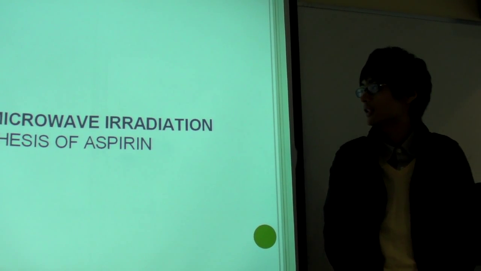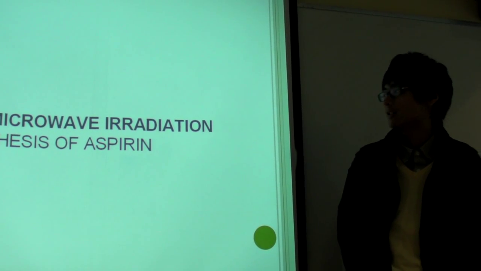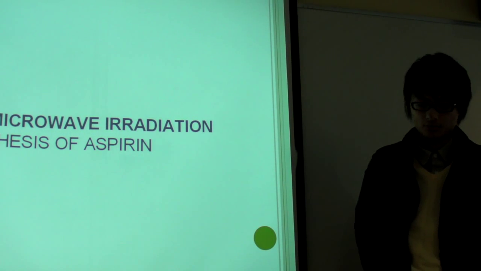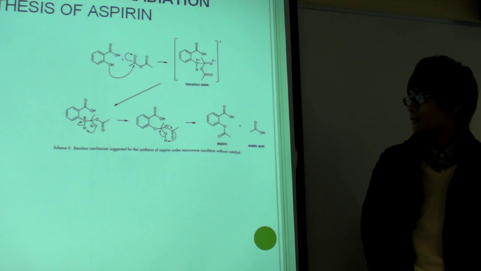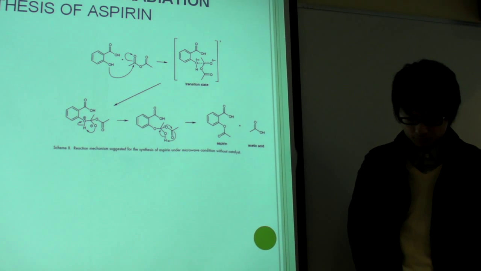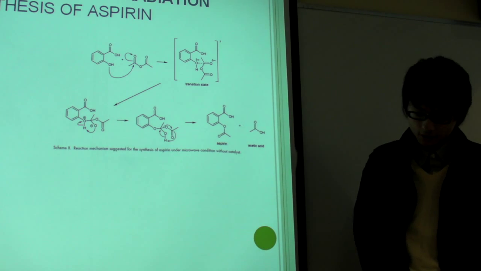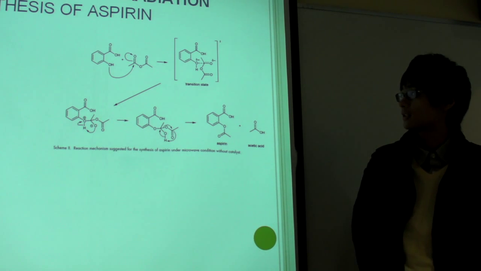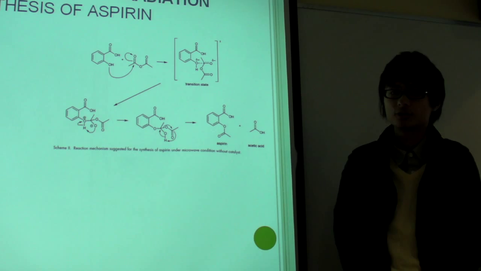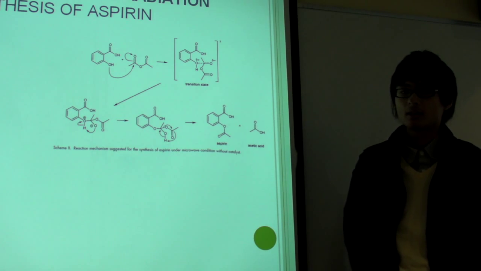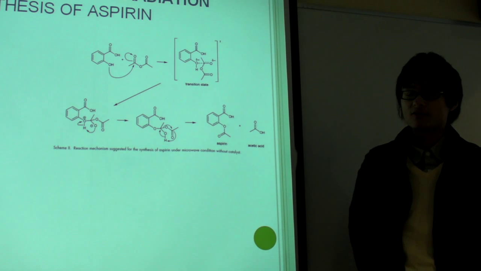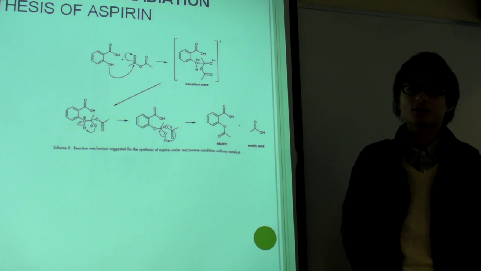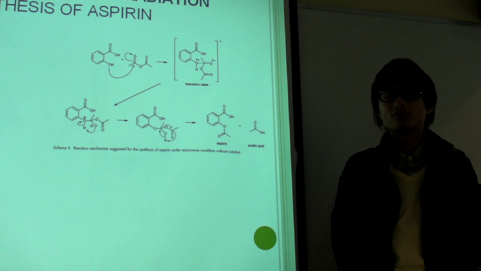And thirdly, I will introduce using microwave radiation for the synthesis of aspirin. Using microwave radiation for the synthesis of aspirin can avoid the use of a catalyst, because the catalyst used is something environmentally unfriendly.